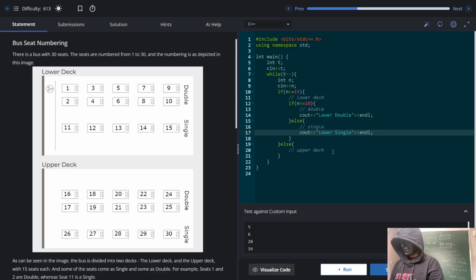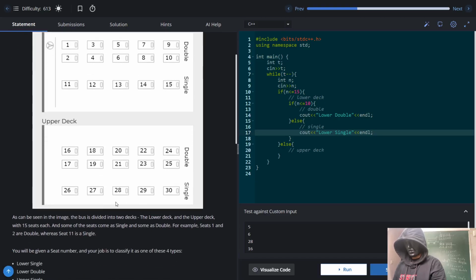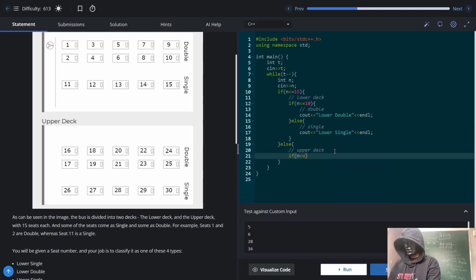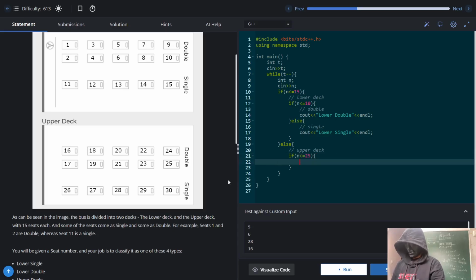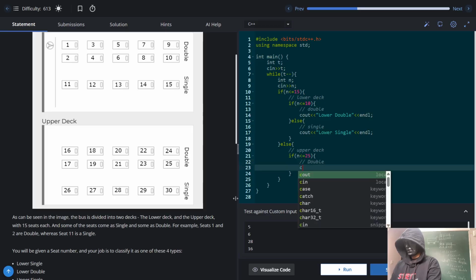Okay, now let's say n is greater than 15, which means it starts from 16, so obviously we can see it is in the upper deck, so we'll come here. Now we'll have to check if it is single or double. So for that, if n is lesser than or equal to 25, in that case, as you see, the upper deck's double lies from 16 to 25, so we'll have to print upper double.